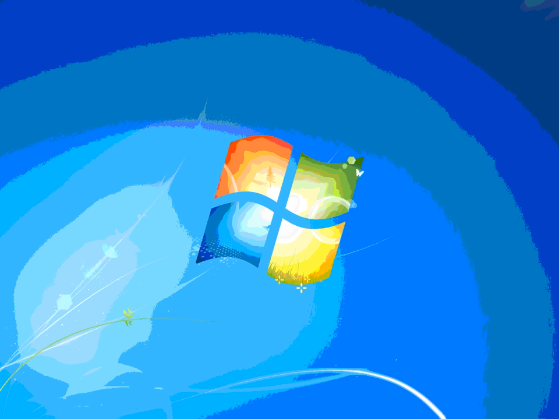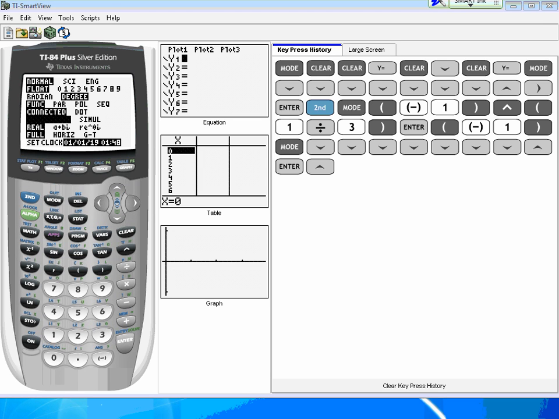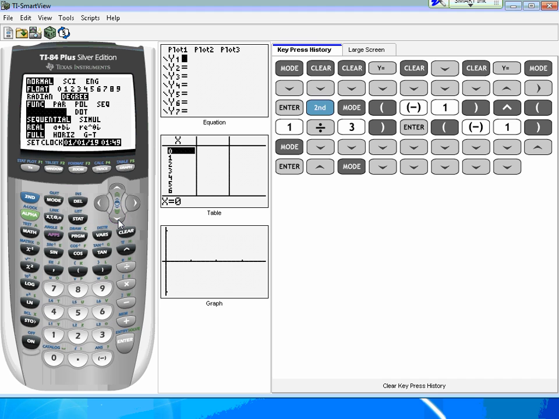So let's bring up our calculator here. All right, so here's our calculator. Now we want to go into mode, and if you want to check what we just did, that example, the cube root of negative 1 on the calculator, we can get part of it, not all of it.